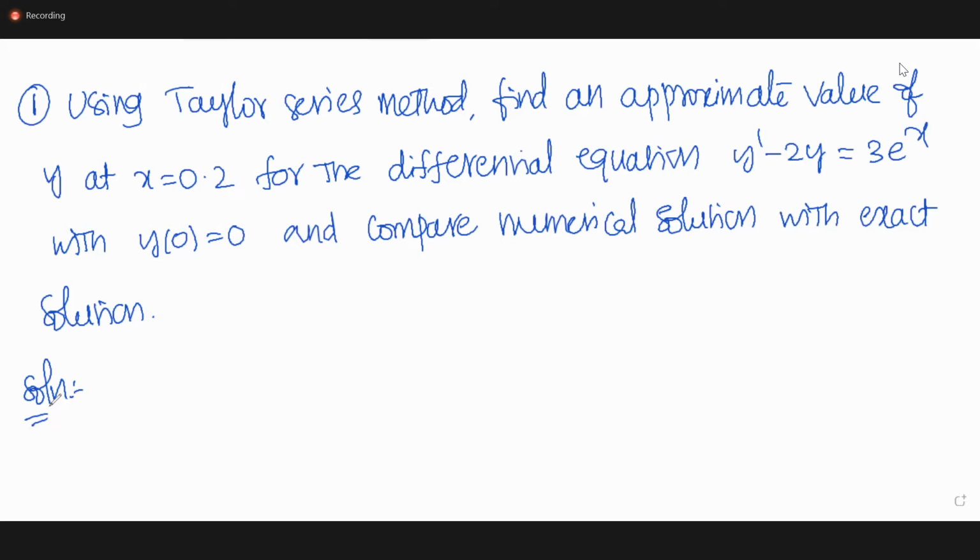So find y of 0.2 from both numerical solutions and exact solutions. For numerical solutions, we have to apply Taylor series method. For exact solutions, we have to apply the general differential equations method.